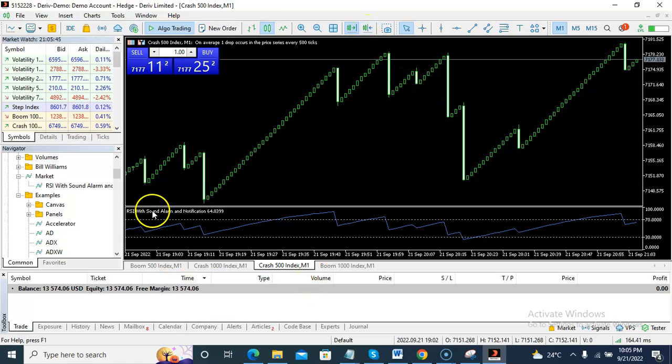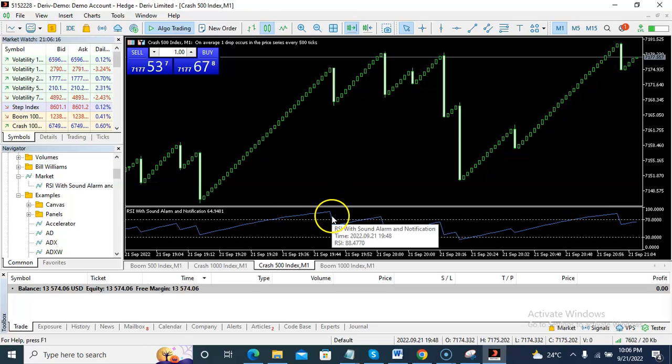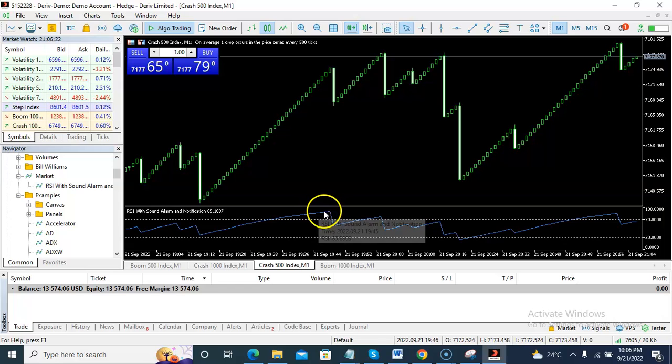So what are the conditions? You simply come down to your RSI indicator at the bottom here. Whenever the RSI is in the overbought region, at 90 and above, and right now you can see this RSI is at 65.